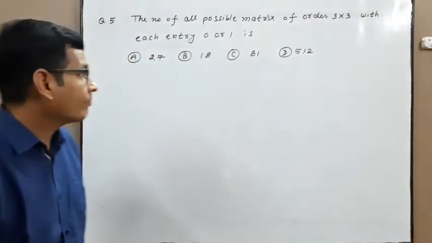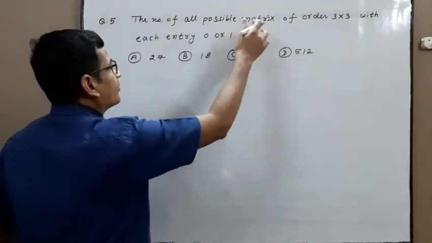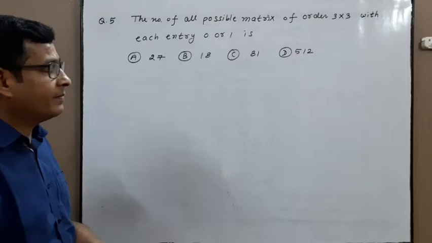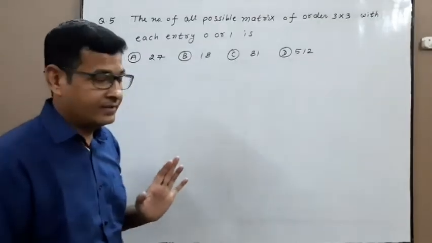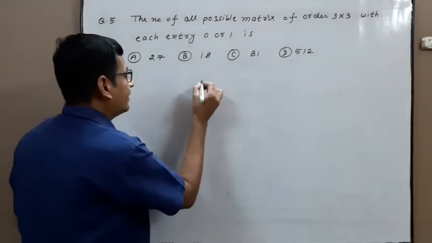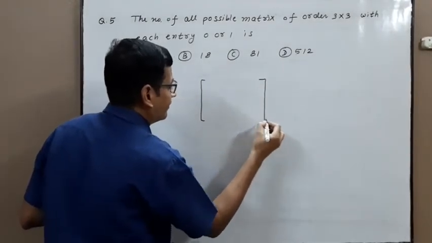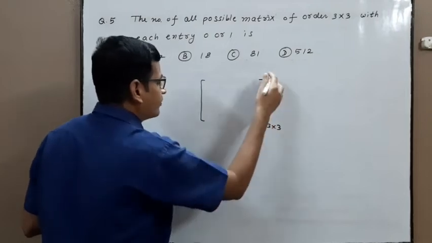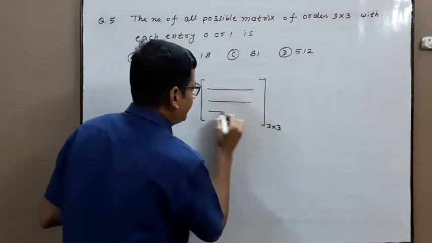Next problem. The number of all possible matrices of order 3 by 3 with each entry 0 or 1 is. Now this is a 3 by 3 matrix, meaning number of rows 3 and number of columns also 3.